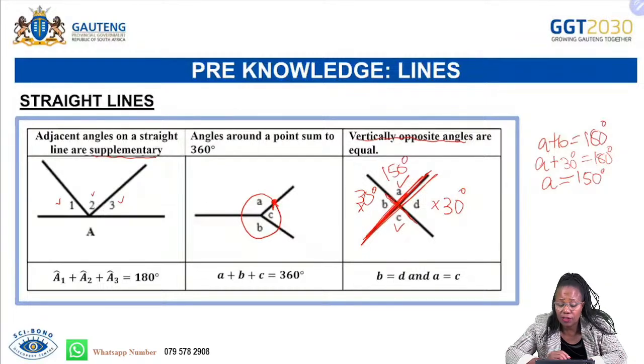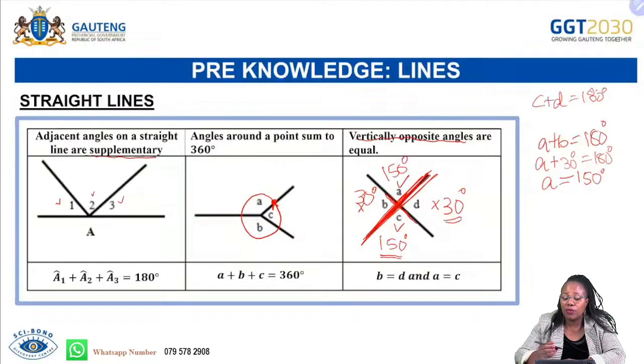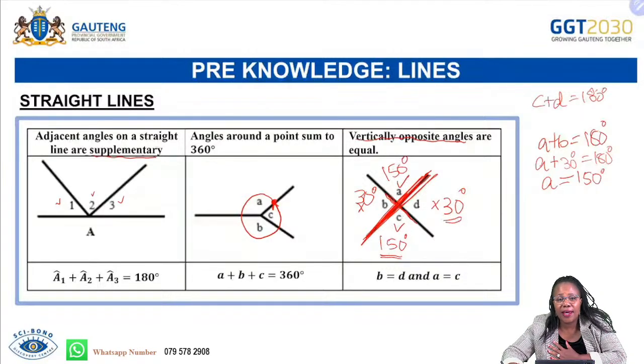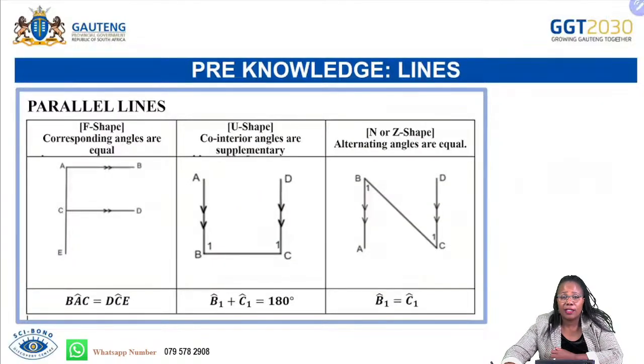If that is 150 and it is vertically opposite to C, that means C will also be 150 degrees. Can you see that C plus D also adds up to 180 degrees, because they are angles on a straight line? 150 plus 30, the sum is equal to 180 degrees. The vertically opposite ones are exactly equal.